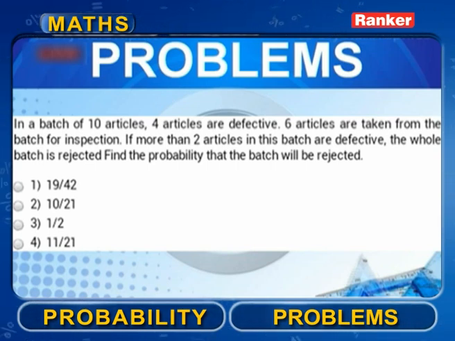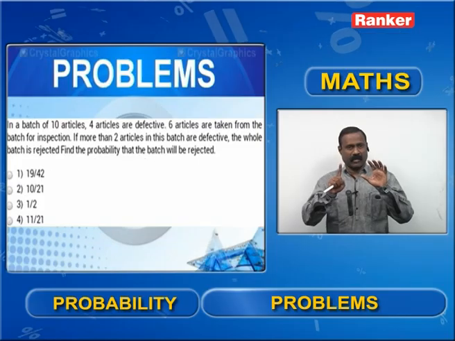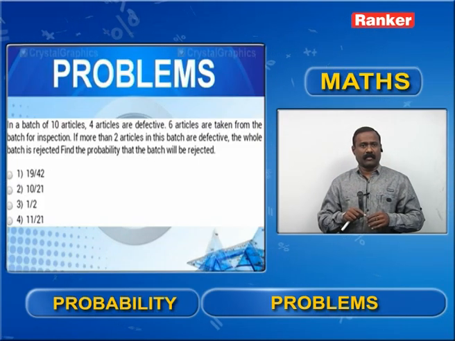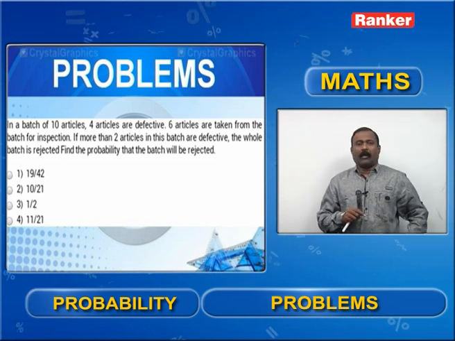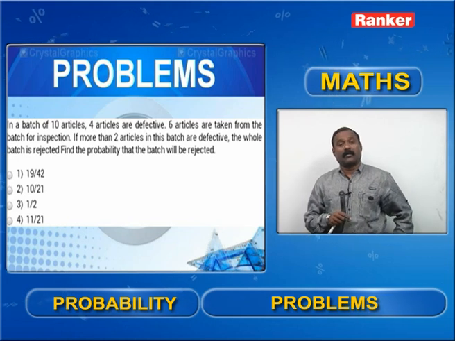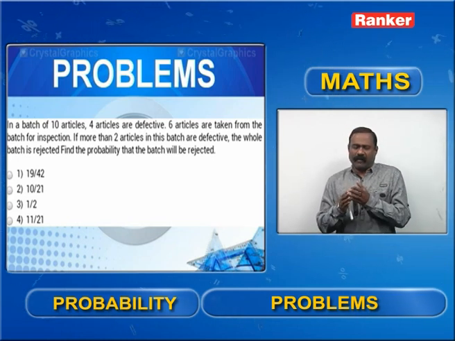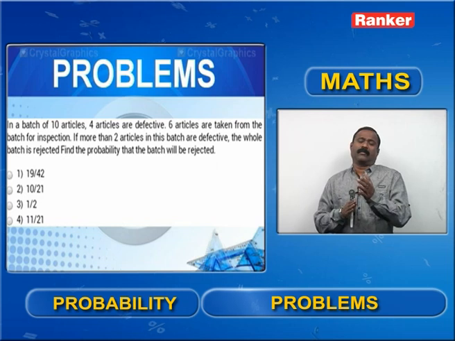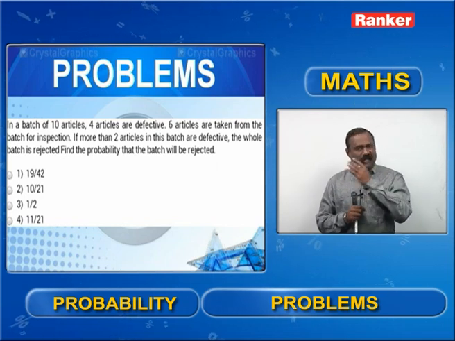Totally, how many articles are there? 10 articles are there. If more than 2 articles in this batch are defective, what does it mean? If 6 articles are chosen, how many articles are chosen? 6 articles are chosen. Then how many articles are defective in the overall lot? 4 articles are defective.